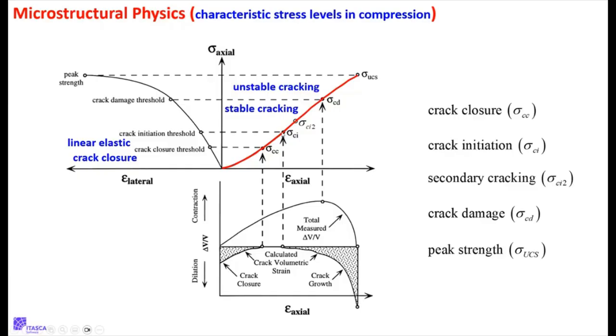And where are these cracks? Well, these cracks, first of all, are almost all parallel with compression, and that's why they're contributing to extra lateral strain. That's why this thing is bending over. So they're parallel with compression, and they are distributed pretty much homogeneously throughout the specimen.